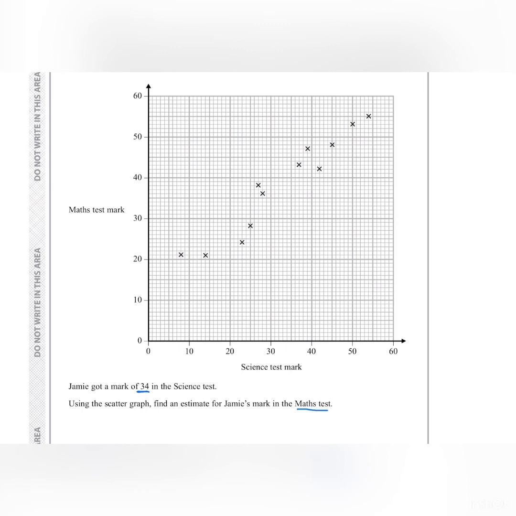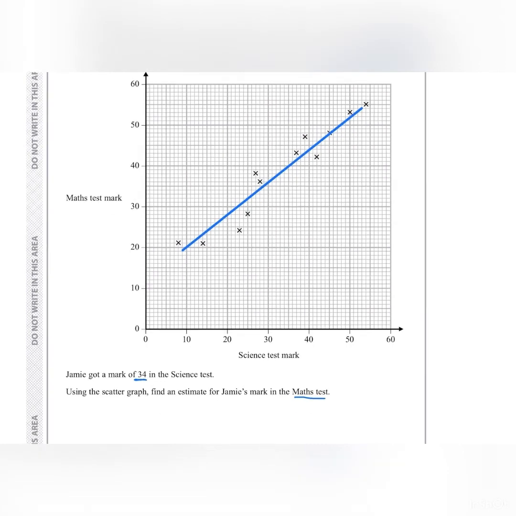So if we put this in, bearing in mind you cannot go beyond the first piece of data, and you can't continue your line after the last piece of data. So that would be a line of best fit, using a ruler and a pencil to draw that.